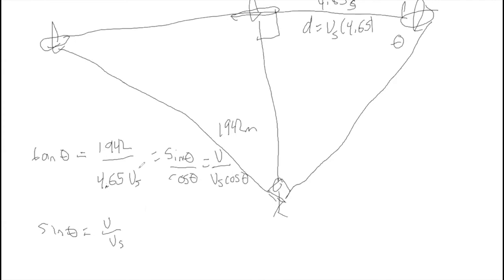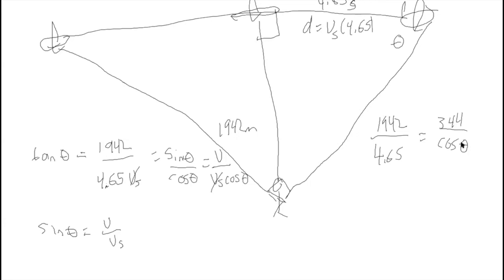These Vs's cancel. And so I'm doing a kind of a substitution here for a system of equations. The Vs's cancel, and I get the equation 1942 over 4.65 equals V, the speed of sound in air, 344 over cosine of theta.